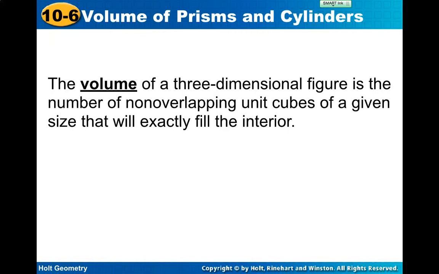That'd be 1 layer. And then how many layers? 12. So what's 12 times 12 times 12? That's how many of these we'll need. We need 1,728 of these in order to fill this cubic foot.